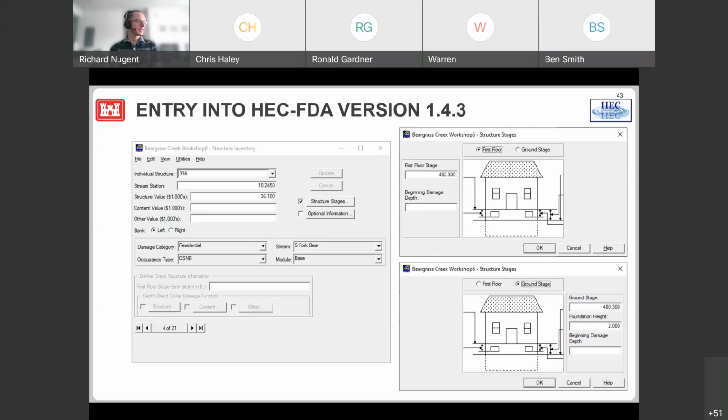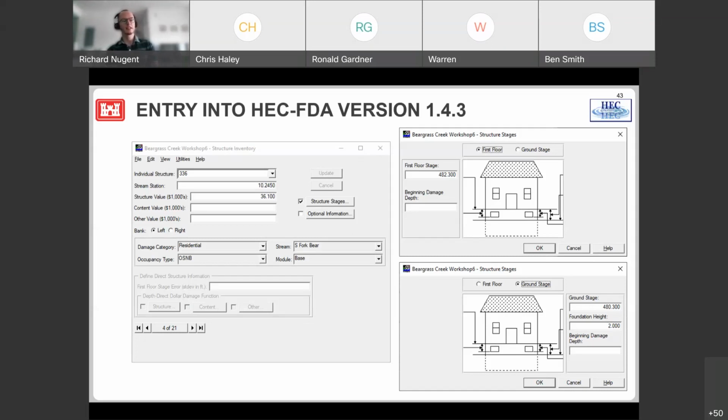Okay, the last piece that's really important here is to identify the structure stages. So we either need a first floor stage, first floor elevation, or we need a ground elevation and foundation height. So the top image reflects the approach of entering the first floor stage.